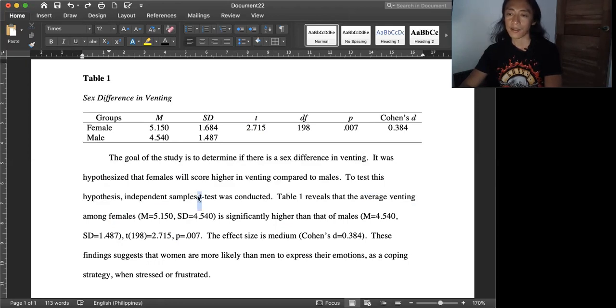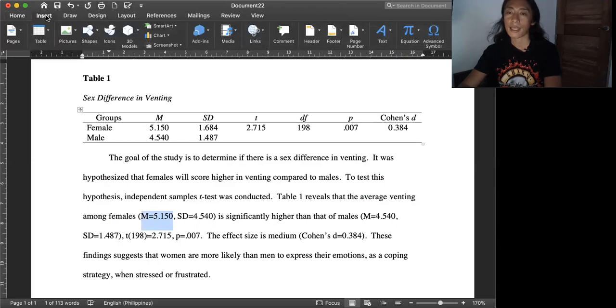Now, to make this look nicer, first of all, I have to italicize all non-Greek statistical notations. So even here, the mention of t in t-test, that should be italicized. And so we also have to italicize, M for mean, SD for standard deviation. But there's a quick way to do that. If you highlight this, let's highlight them one by one, and you go to click on insert in your tabs, and you click on equations.